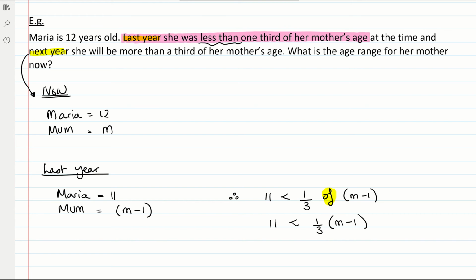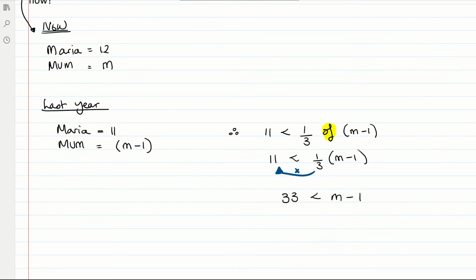And to make things simpler, I don't want to use the fraction, so I'm going to multiply both sides by 3 to get rid of that denominator. So 33 is smaller than M minus 1. So M is bigger than, and if I add 1 to both sides, 34. So I know that her mother has to be older than 34 last year.